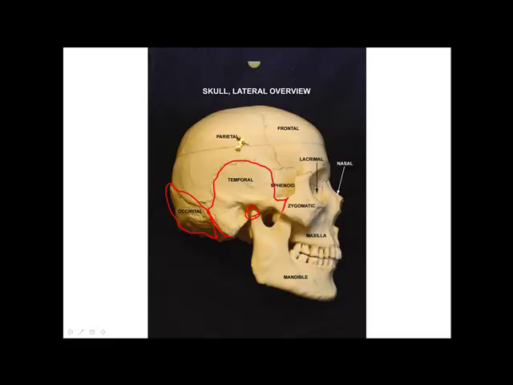See? Here's the zygomatic process of the temporal bone, and here's the zygomatic process of the zygomatic bone. Here's the edge of the sphenoid bone. Remember, that goes all the way across. Above the temporal bone is the parietal bone, and there are two of those. Here's the frontal bone. Here's that lacrimal bone again, the nasal bone, the maxilla, and the mandible.